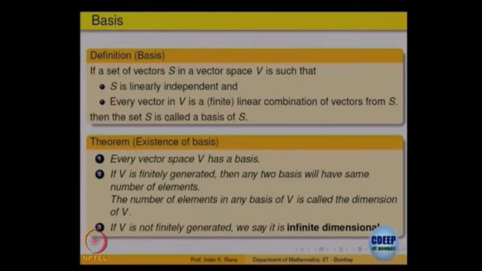So, finitely generated implies that any two bases will have the same number of elements, and that is called the dimension of that finitely generated vector space. If it is infinitely generated, we say it has infinite dimension, it is an infinite dimensional vector space. So, in vector spaces there are finite dimensional, there are infinite dimensional, right.